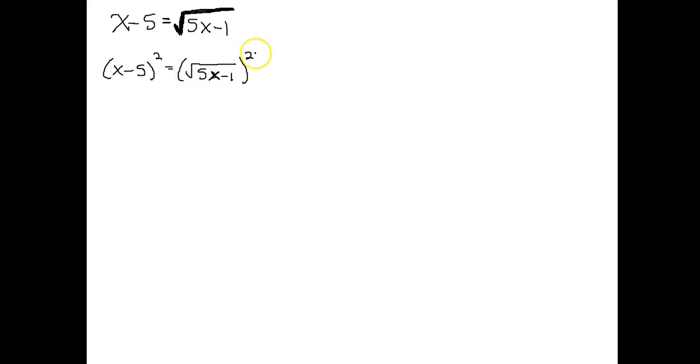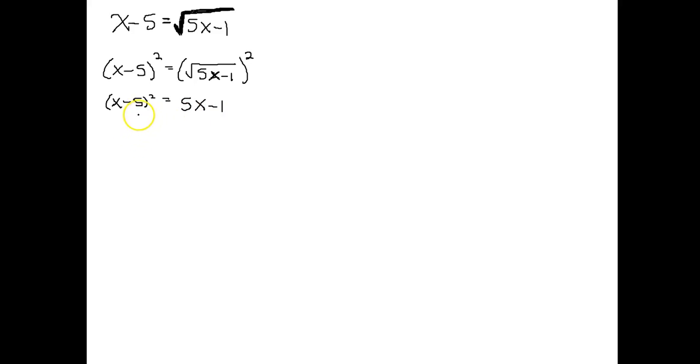Because you have a 1/2 power squared, 1/2 times 2 is 1. This is perfectly legal. This resulting equation, when we solve it, will find all of the solutions to the original problem. Trouble is, it could give us some extra solutions, so we're going to have to make sure we check later.